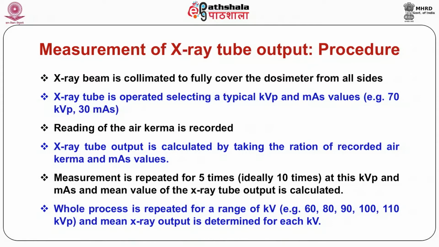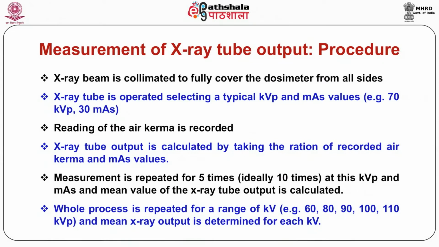With this setup, the X-ray tube is operated selecting a typical kVp and mAs values, e.g. 70 kVp, 70 mAs, and the reading of the air kerma is recorded. The X-ray tube output is calculated by taking the ratio of recorded air kerma and mAs values.